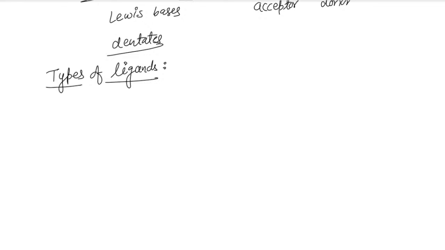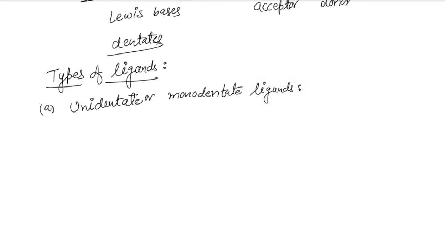Depending upon the number of such donor atoms available for coordination, ligands are classified into unidentate, or monodentate, ligands.